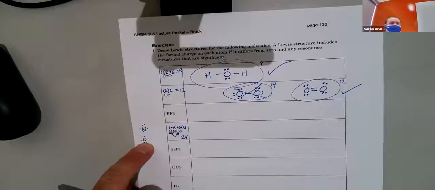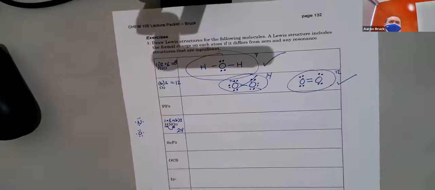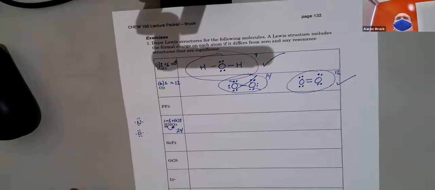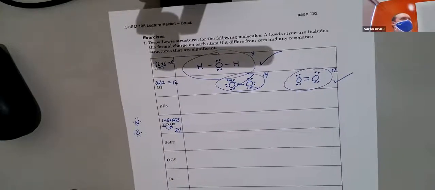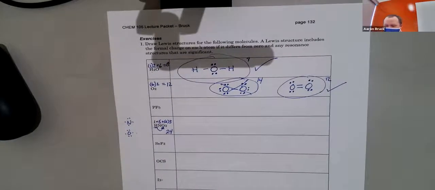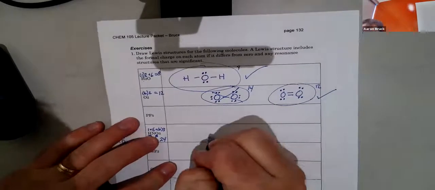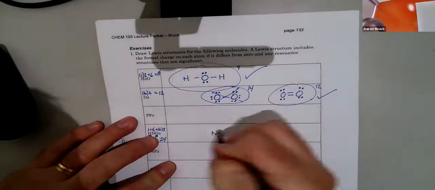Oxygen just has the 2. It's going to be the nitrogen that is going to be the much more likely candidate. So nitrogen is going to be my center atom.